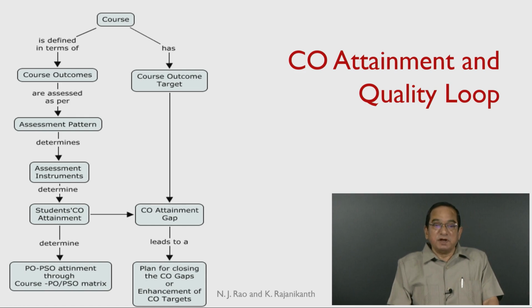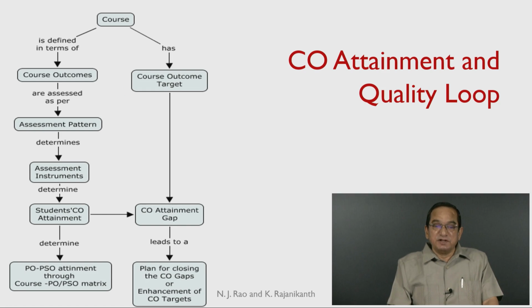The assessment pattern determines the assessment instruments. Performance of the students in the assessment instruments determines the attainment of the course outcomes. We have the attainment of course outcomes and we have the targets set for the course outcomes. By comparing these two, we can determine the CO attainment gap.